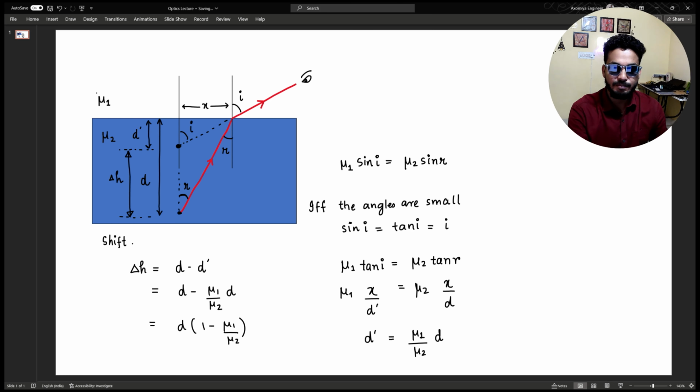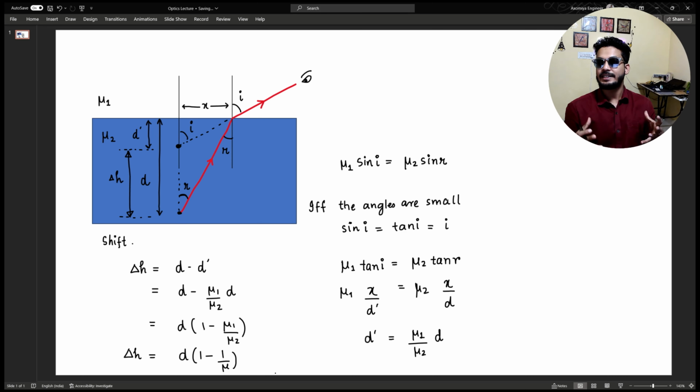But if mu1 was, let's say, 1, like if you're doing it with respect to air, then the shift that happens in the upward direction because of a particular glass slab is nothing but d times 1 minus 1 by mu. So if you have a material whose depth is d, and it is made up of a refractive index mu, the shift that it can create is equal to d multiplied by 1 minus 1 by mu.